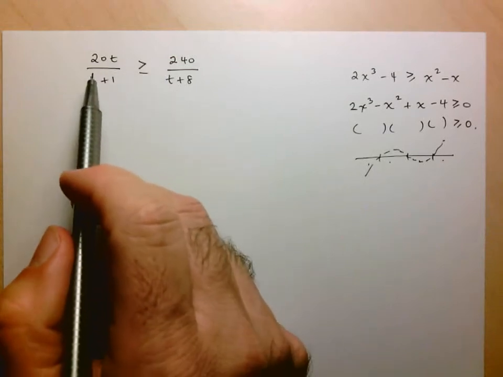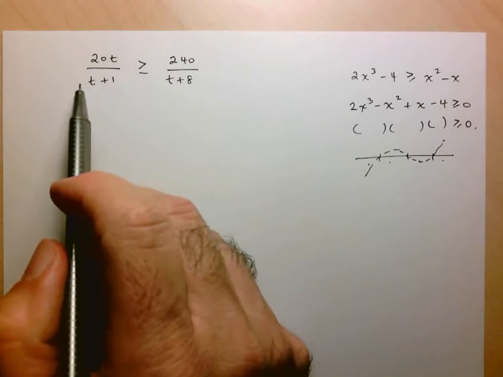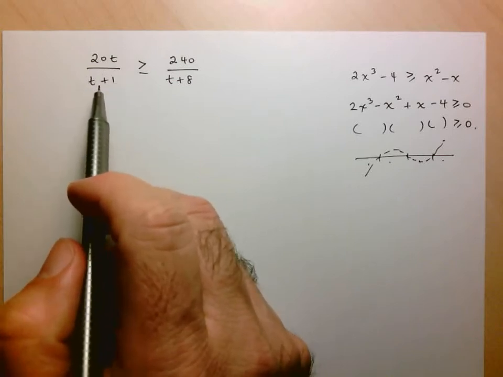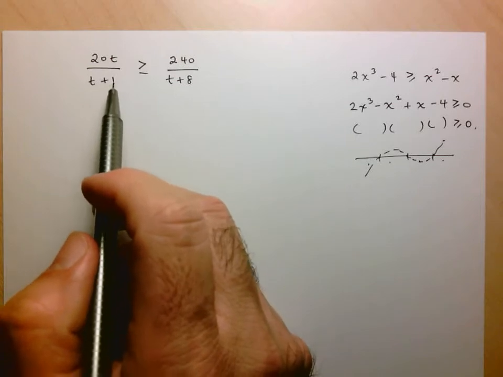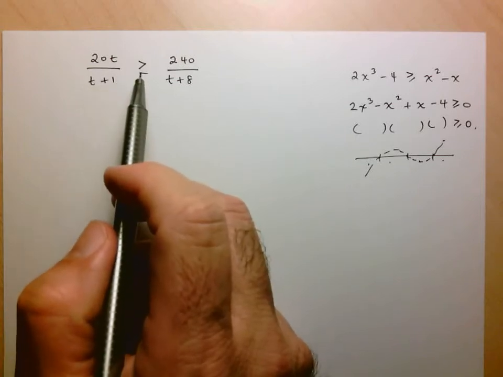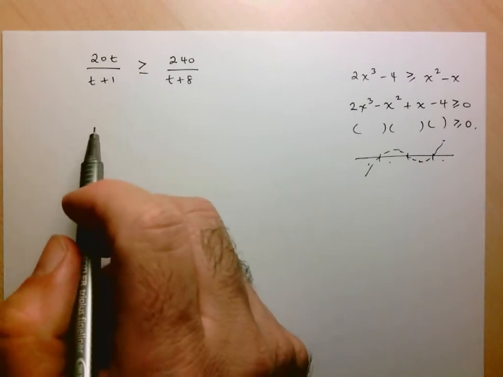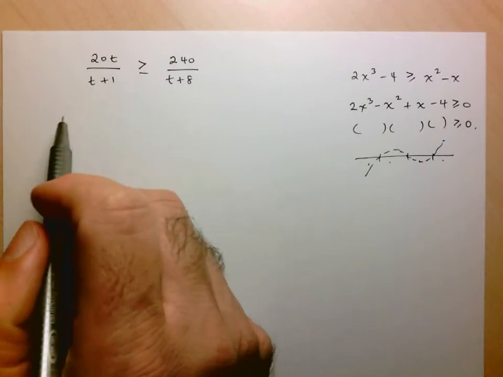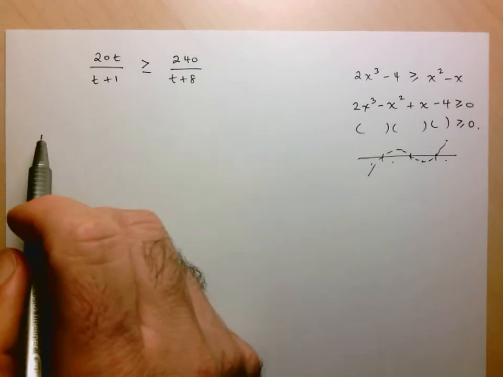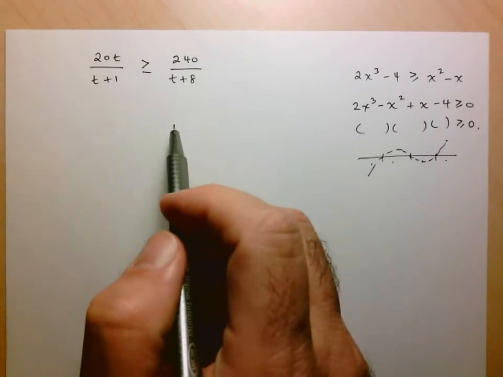Unfortunately, there's a big problem when we're dealing with a rational inequality. Let's say I multiply both sides by t plus 1. The problem is sometimes t plus 1 is positive and sometimes it's negative. And of course, when we multiply both sides of an inequality by a negative number, we have to change the direction of the inequality. So that means we'd have to split up this problem into two parts: solve it where t plus 1 is greater than 0, solve it where t plus 1 is less than 0.